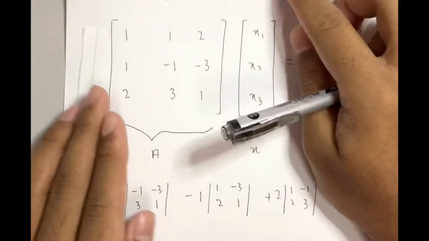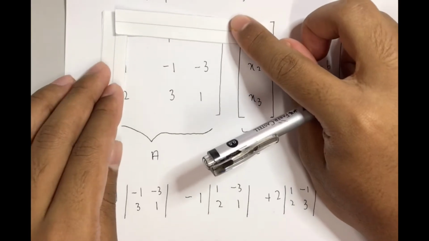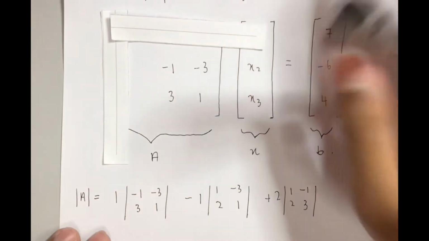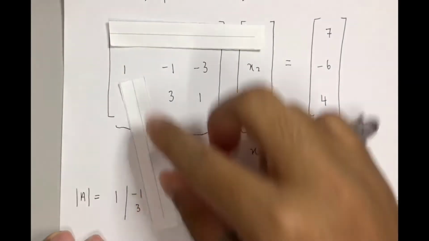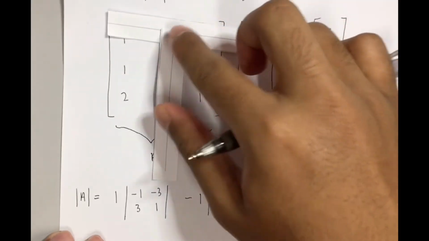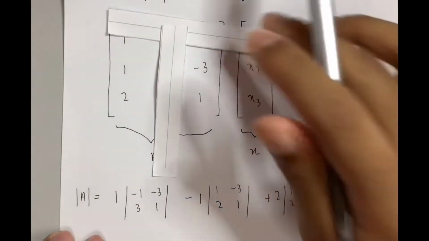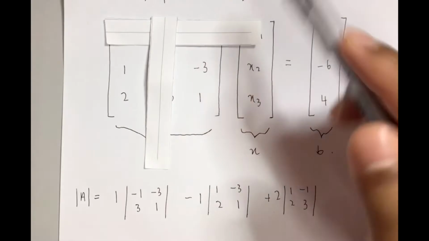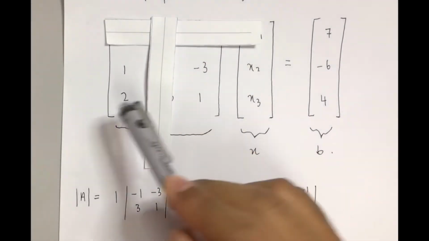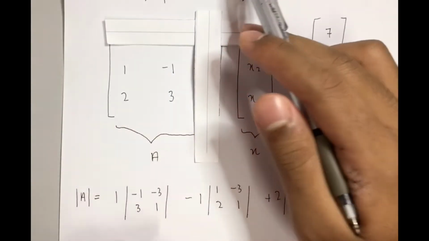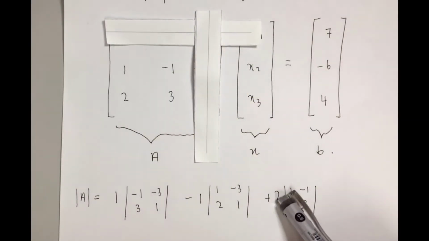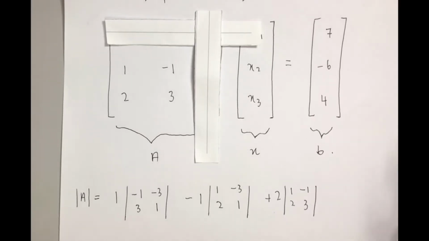You need to cover up the first row and the first column, and you get negative 1, negative 3, 3, 1. Cover up the second column, you get 1, negative 3, 2, 1, and the third column you get 1, negative 1, 2, 3.